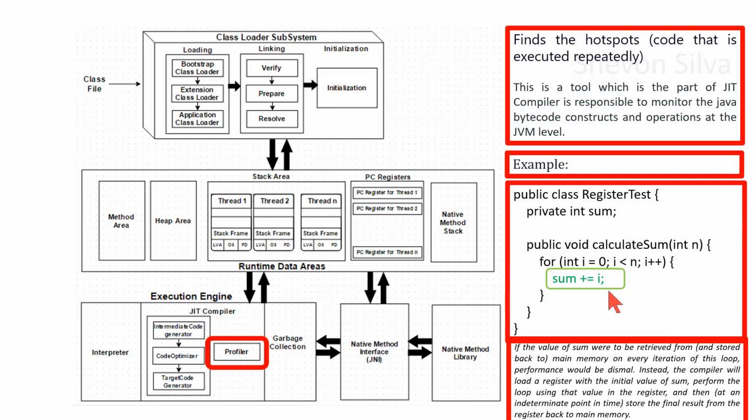If the value of sum were to be retrieved from and stored back to main memory on every iteration of this loop, performance would be dismal. Instead, the compiler will load a register with the initial value of sum, perform the loop using that value in the register, and then at an intermediate point in time store the final result from the register back to main memory.